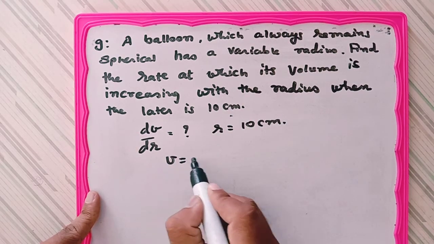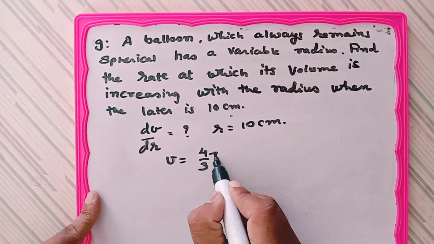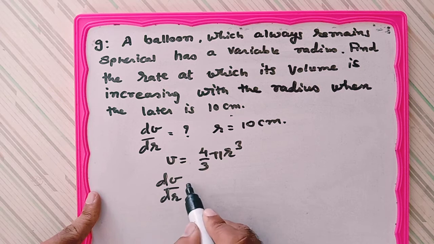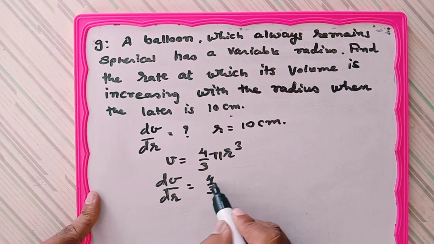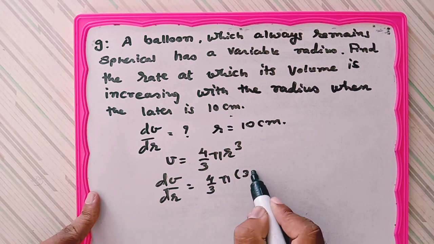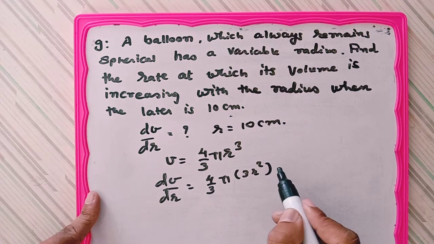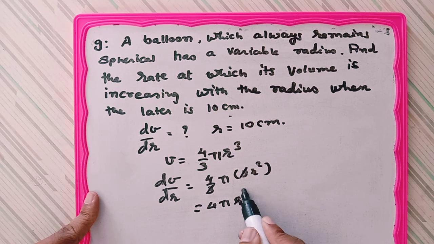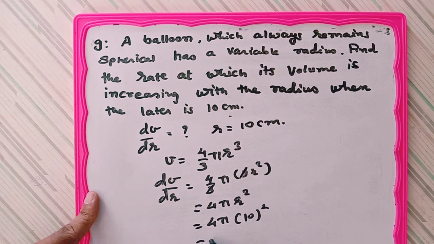The volume of a sphere is 4/3 pi r cube, and differentiating with respect to radius, it is 4/3 pi into 3 r squared. So 3 cancels, and it is 4 pi r squared. The r value we substitute as 10, and 10 squared is 100, so it is 4 pi into 100, which is 400 pi.